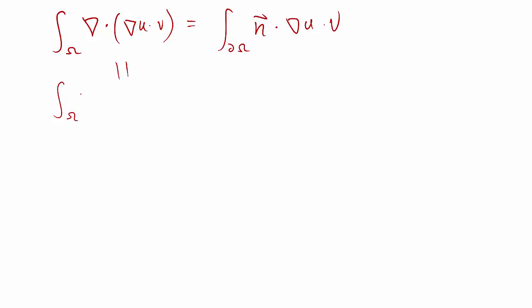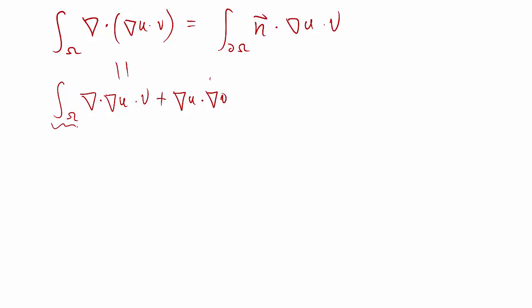You can obtain that this is equal to the divergence of the gradient of U times V, so I pull this V out of this divergence, plus the gradient of U times the gradient of V. So that's the application of the chain rule. You can do this by expanding both divergence and gradient into partial x, partial y, and then apply the chain rule systematically. Okay, so this is going to be equal to this boundary integral.